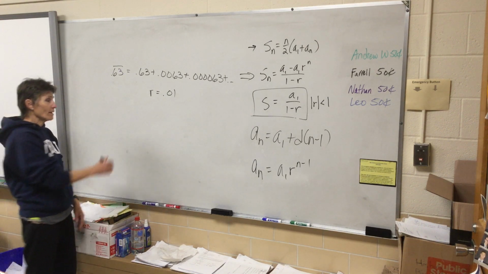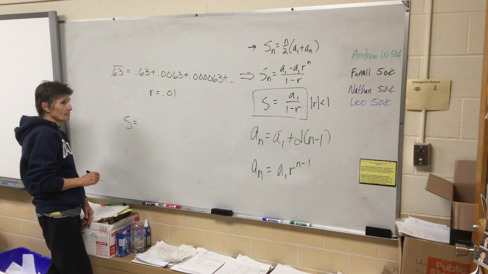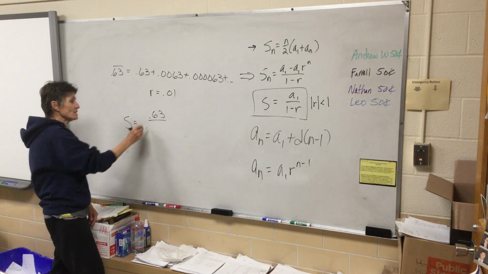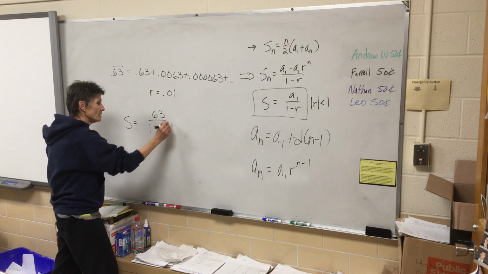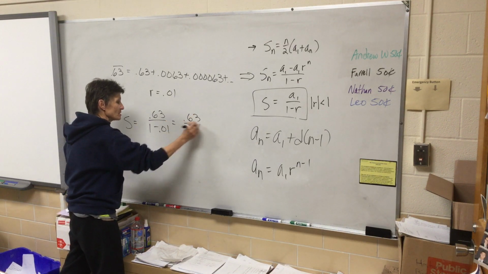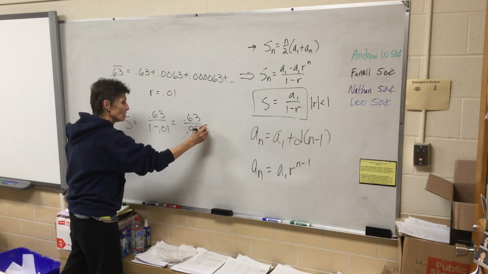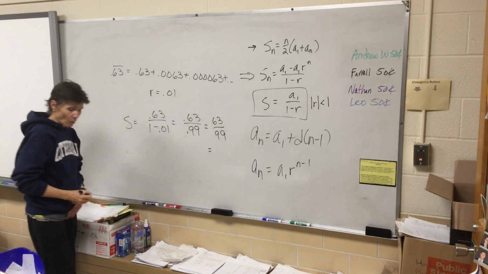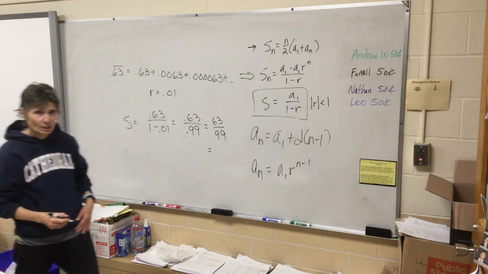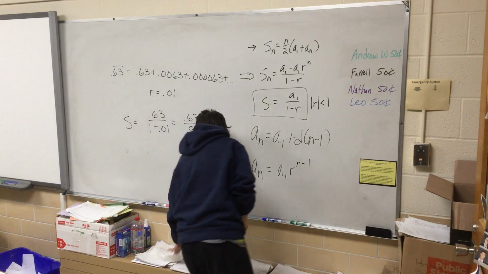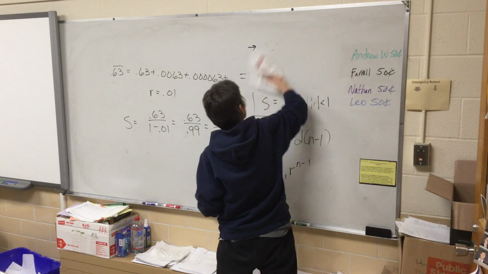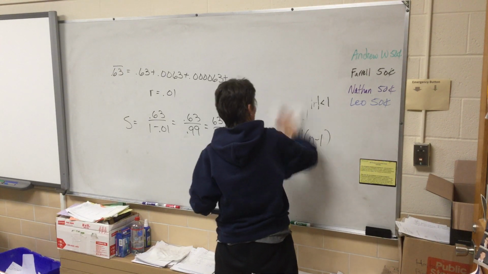All right, so now I'm ready to find the sum. So my first term is 0.63. My ratio is 0.01. So I have 0.63 over 0.99, or 63/99. Now you are supposed to answer in lowest terms. So what can I divide 63/99 by? 3.